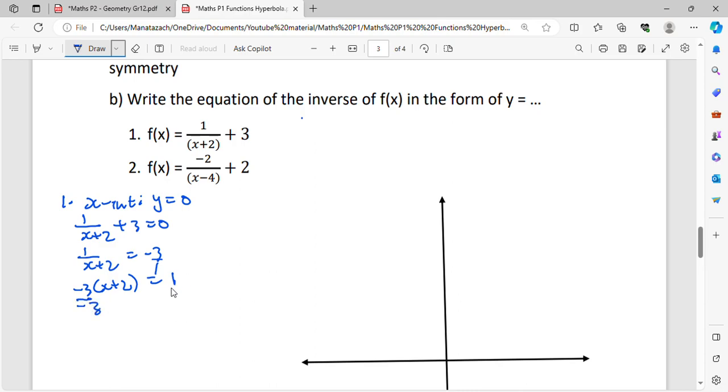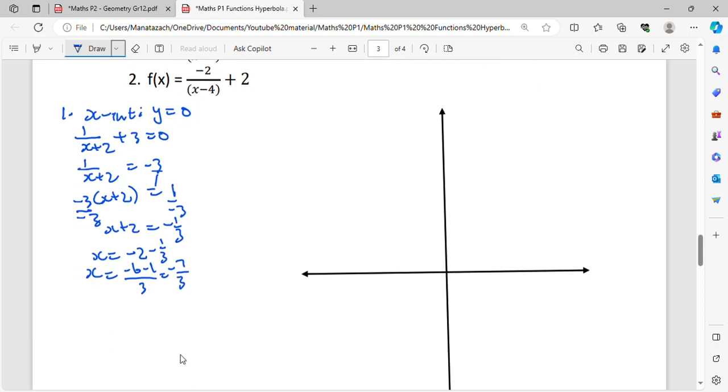Please check those videos out if you're not sure, but it should be pretty straightforward. And then x here will be minus 6 minus 1, which is minus 7 over 3. Then our x-intercept is minus 7 over 3 and 0.